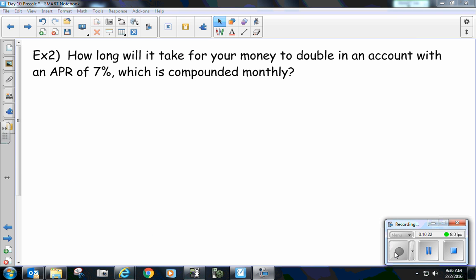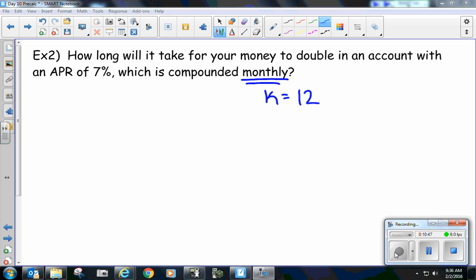At table 2, how long will it take for your money to double in an account which is compounded monthly? What should jump out at me in this word problem? Monthly. When I see something that is not annual or continuous, what should I be thinking? There's a K value. That should be your thought process. There's a K value, and it is what? 12. Because how many times a year is it going to be compounded?